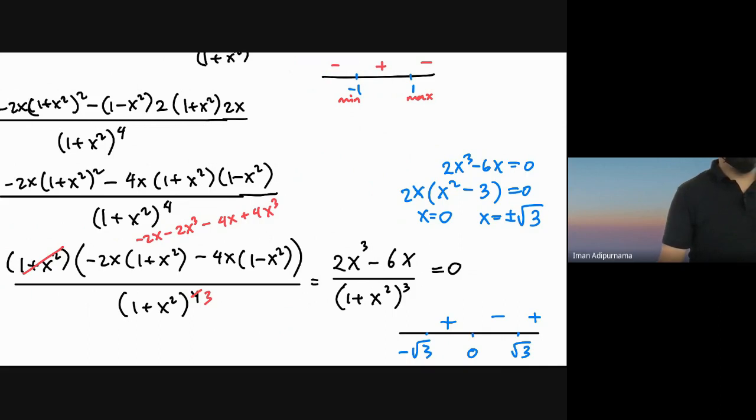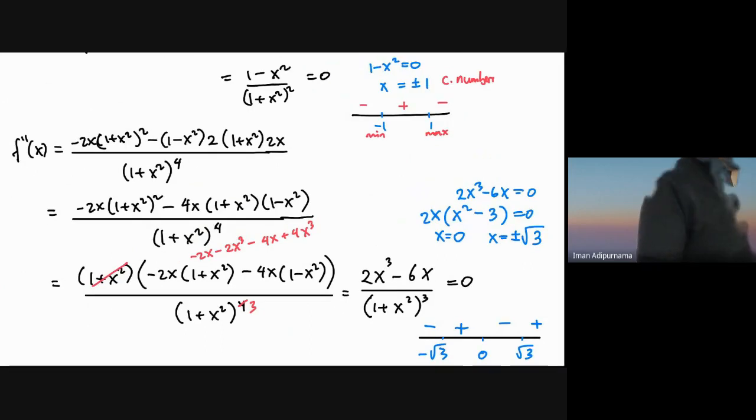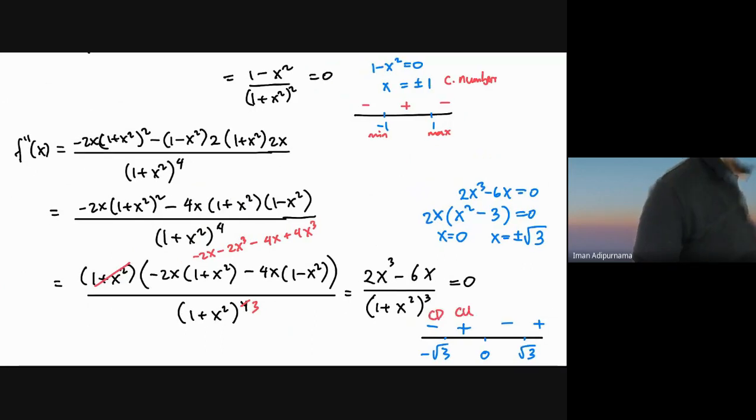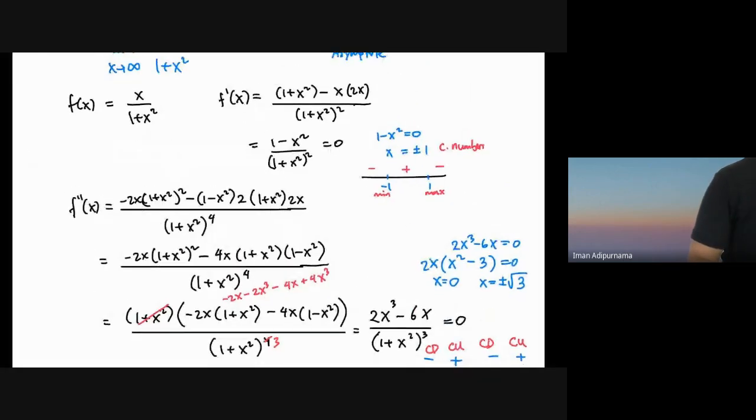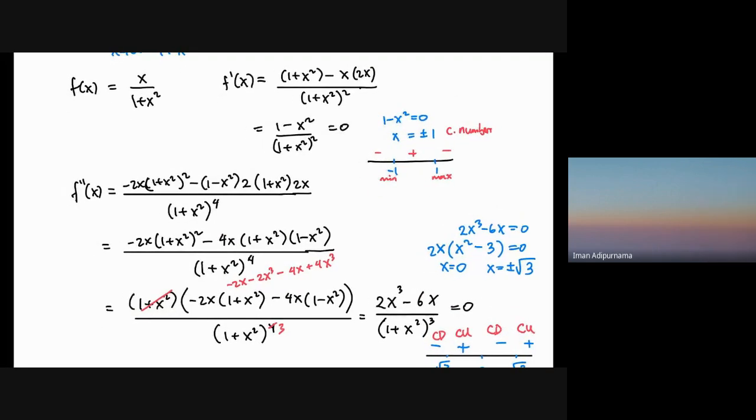Negative, negative, positive, negative. So we have concave downward, concave upward, concave downward, concave upward. But the real solution is not this, right? We need to sketch the graph. In my second derivative here, is there any mistake, or do you find a different answer? Is the second derivative the same as yours? Have you checked?